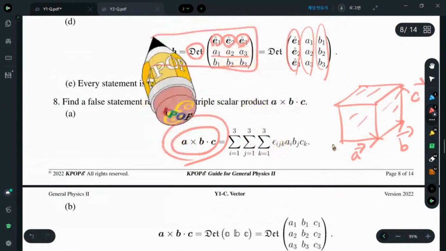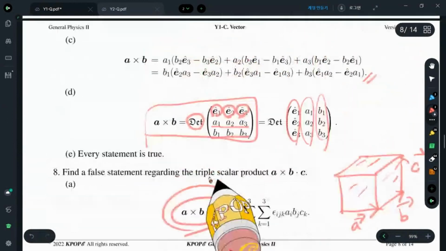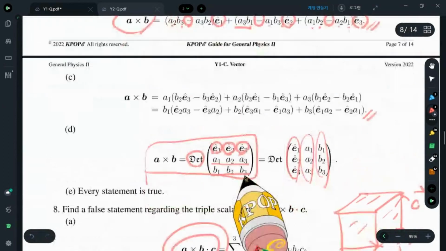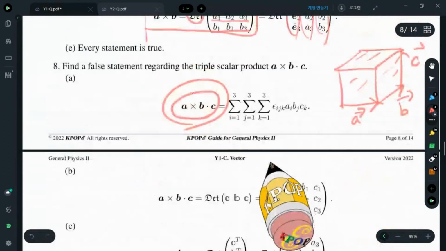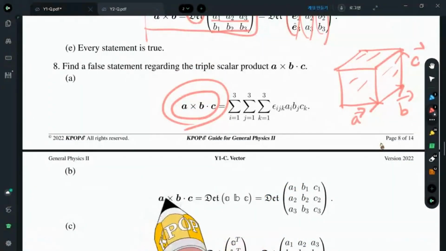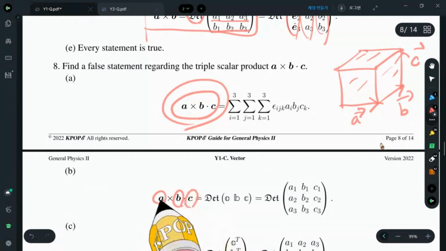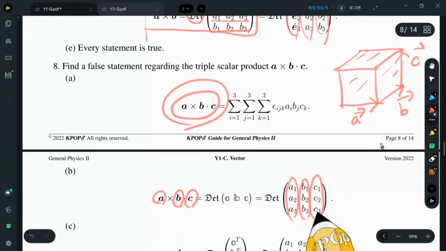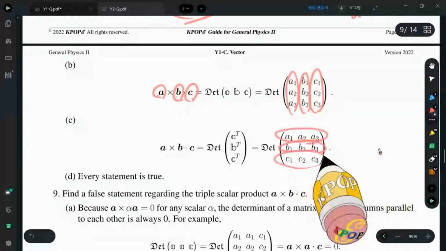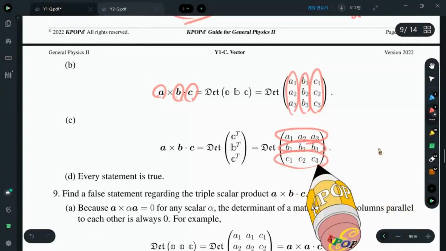It's not a definition, it's just according to the computation itself. What we can do in practice is attach the 3 Cartesian components of 3 vectors in columns or in rows and compute the determinant.